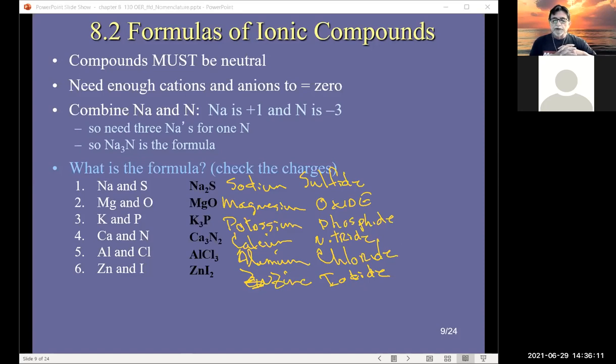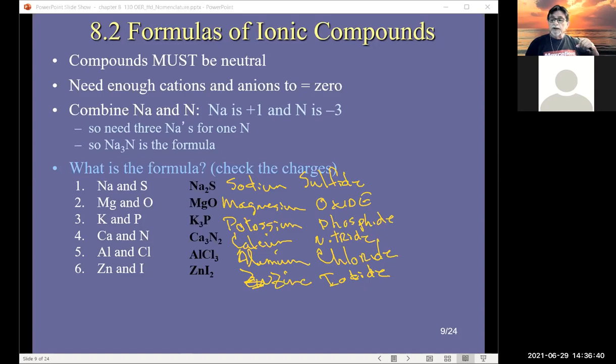Yes, haven't done any variable charges yet, but will be. So right now, sodium's group 1, magnesium group 2, potassium group 1, calcium group 2, aluminum is part of the 16, and the zinc is part of the 16. So no Roman numerals here with respect to the name, because all these metals only have one oxidation state. It's not variable.